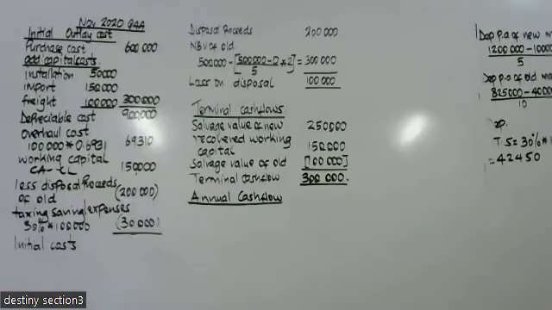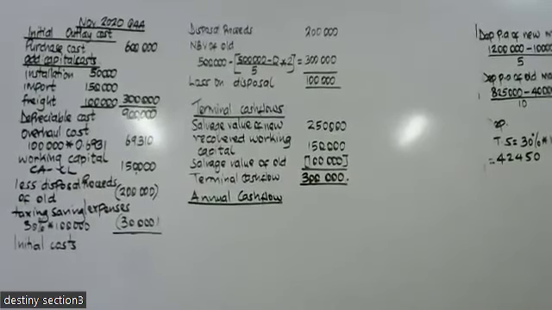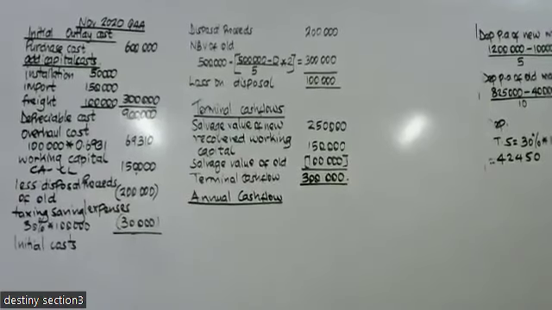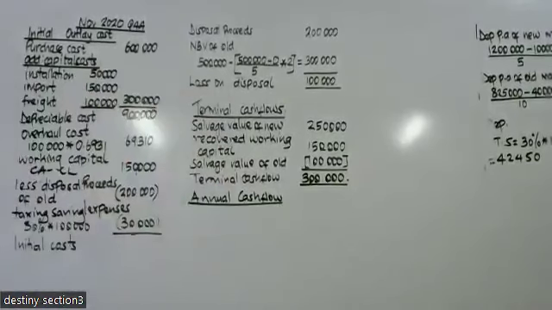This is what they're saying. At the end of 5 years, the machine is sold for 250,000. The estimated profit before depreciation and taxes. So here they have not given you the sales, they have not given you the variable cost, they have not given you the fixed cost.